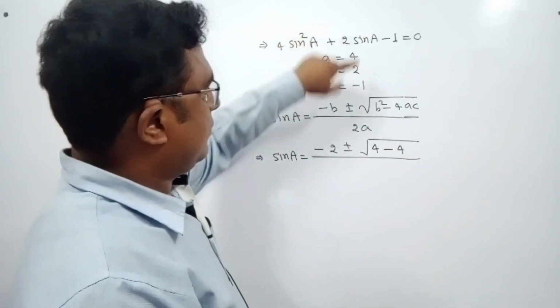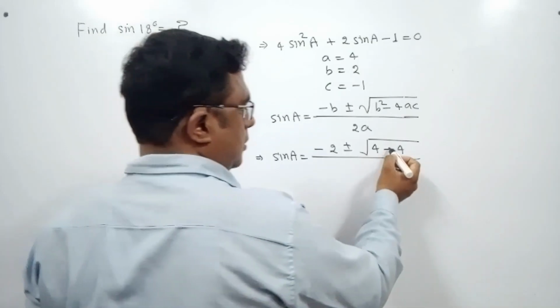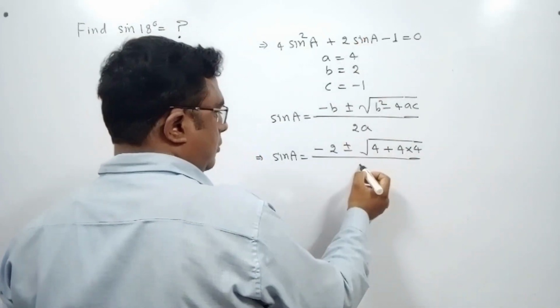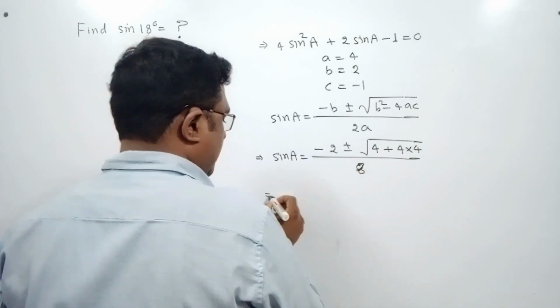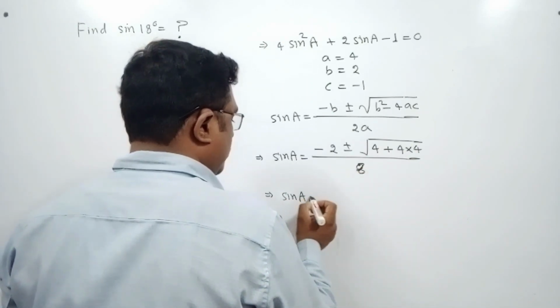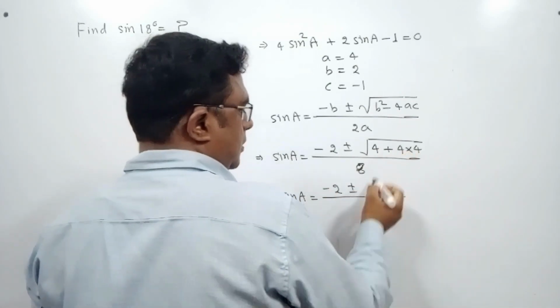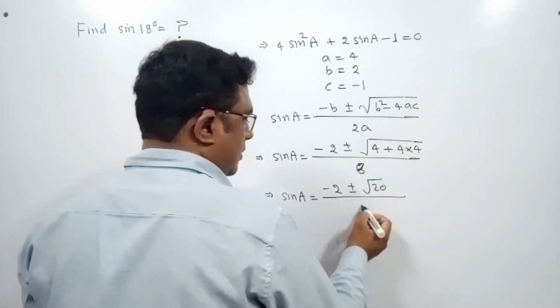So multiply 4 with minus 1, minus 4, so plus 4, upon 2a. a is 4, so 2 fours are 8. Implies that sine A is equal to minus 2 plus minus square root 20 upon 8.